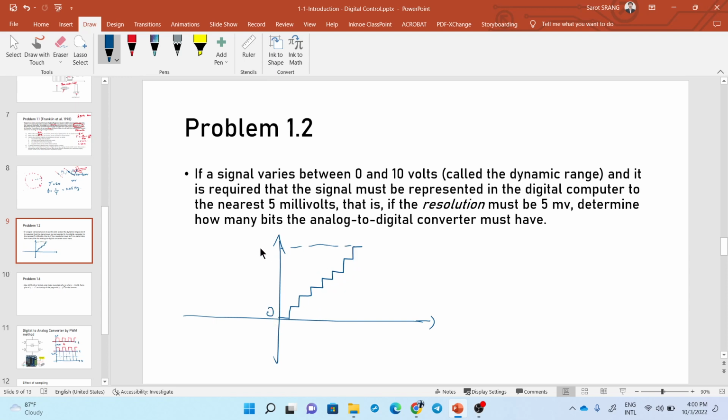From 0 to 10 volts, you quantify the resolution as 5 millivolts. So from one value to another is 5 millivolts.